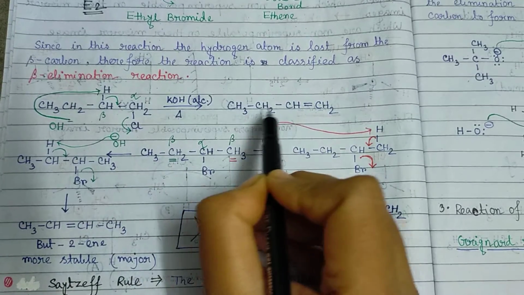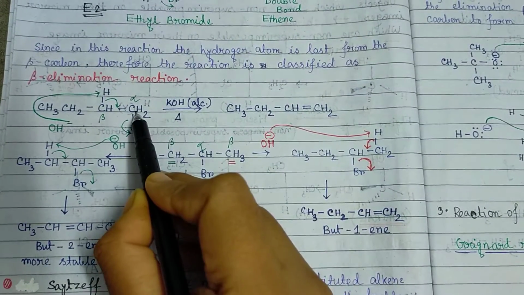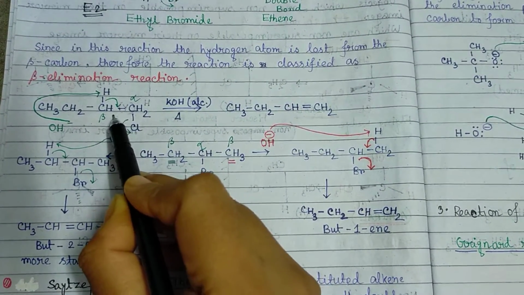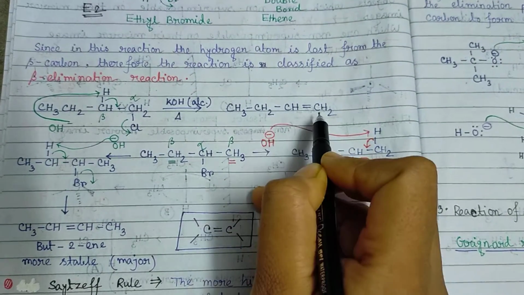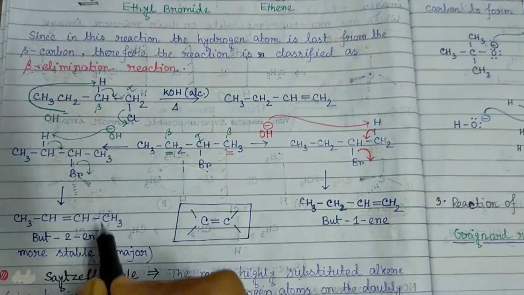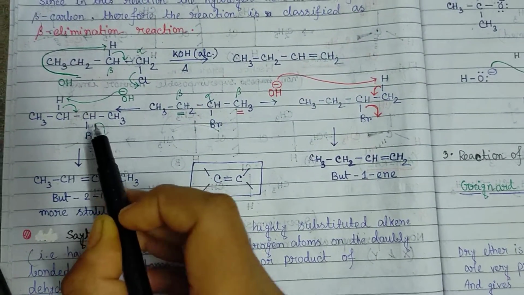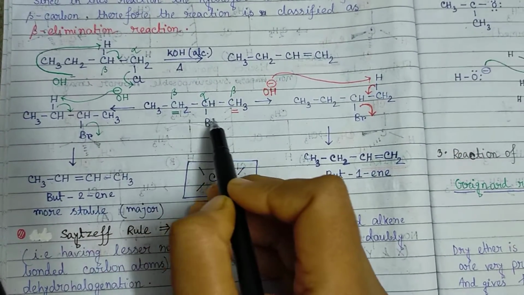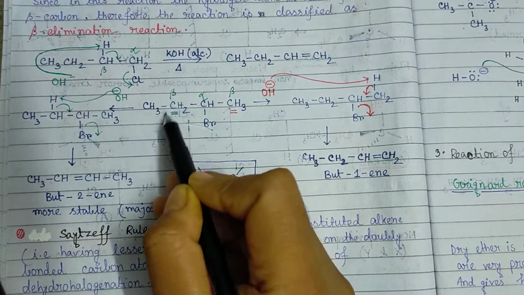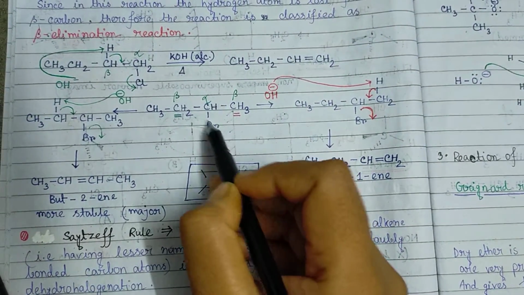So there will be formation of a double bond between the alpha and beta carbon, and we will get one butene.